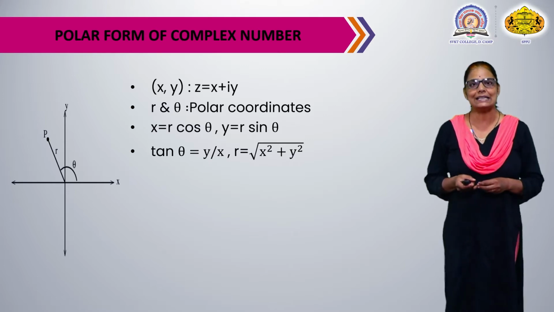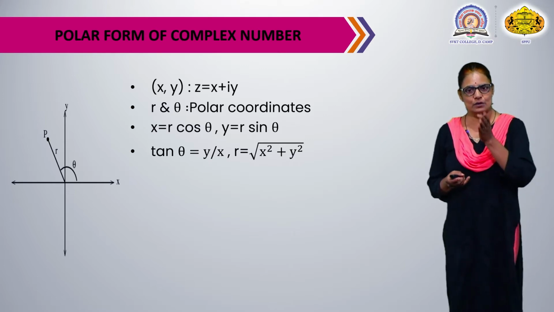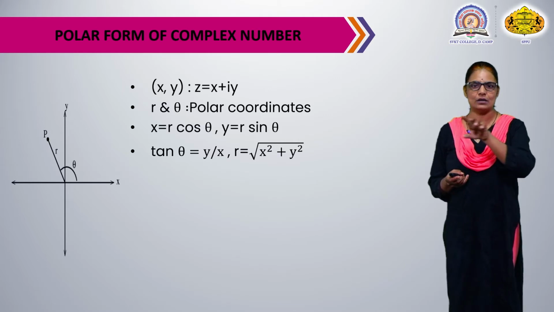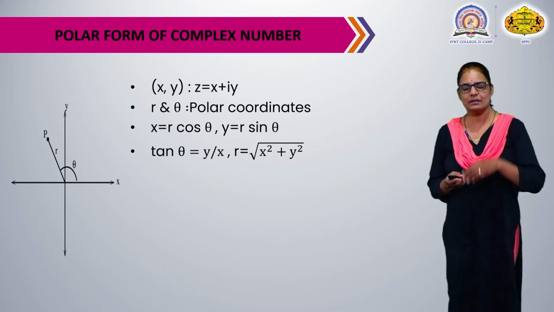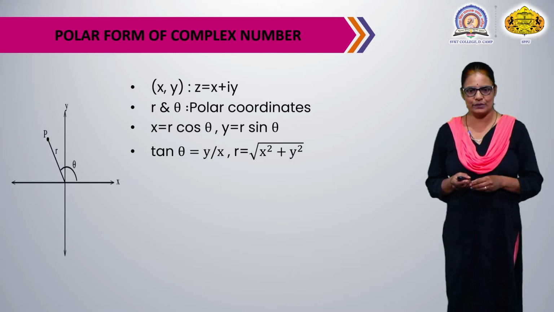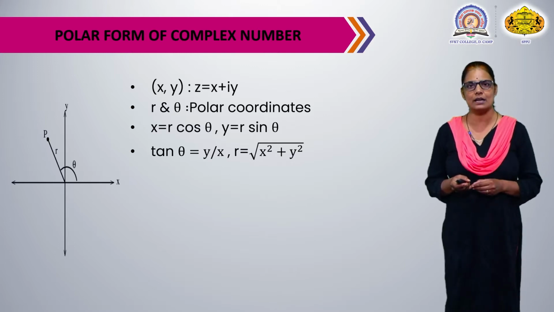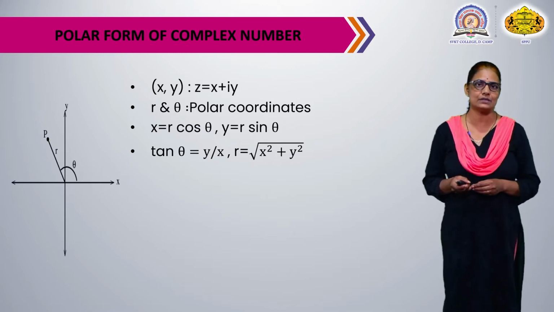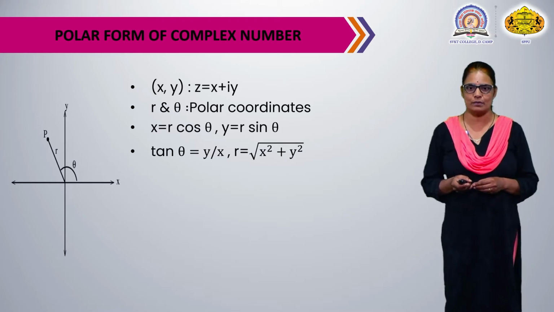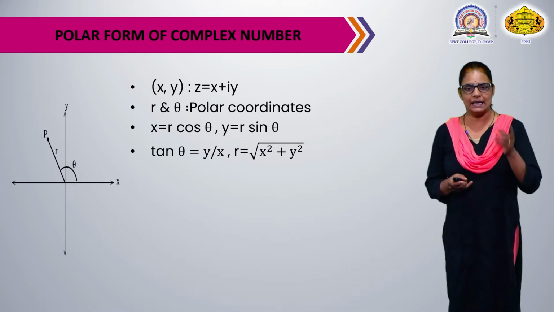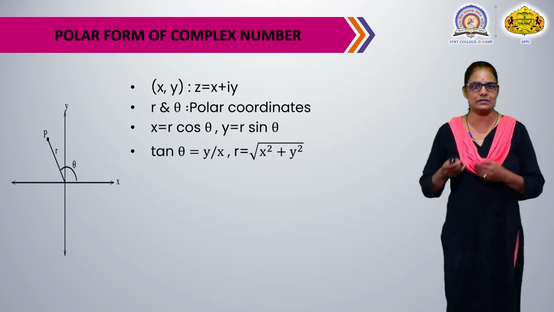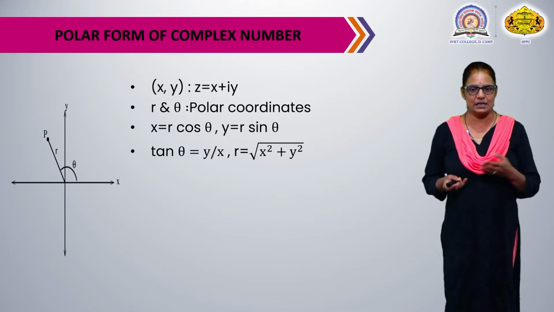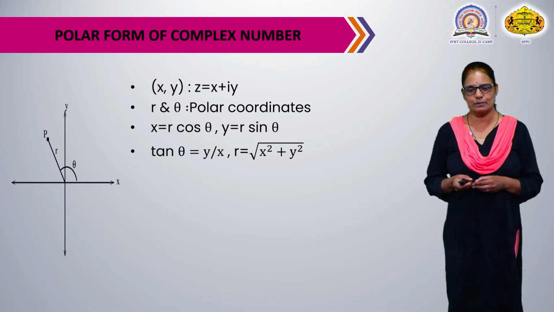Taking the ratio y upon x, we get tan theta equals y upon x, or simply theta equals tan inverse of y upon x. Also squaring and adding these two equations, we get r square equals x square plus y square. So r equals root of x square plus y square.